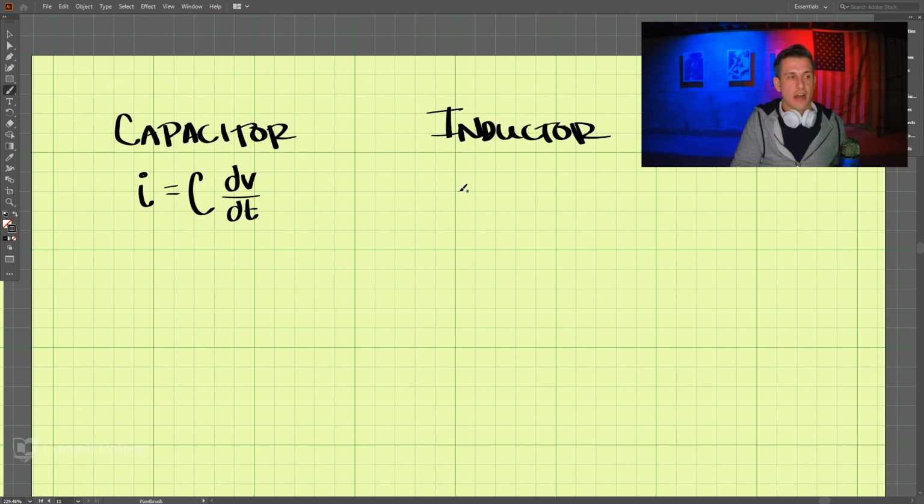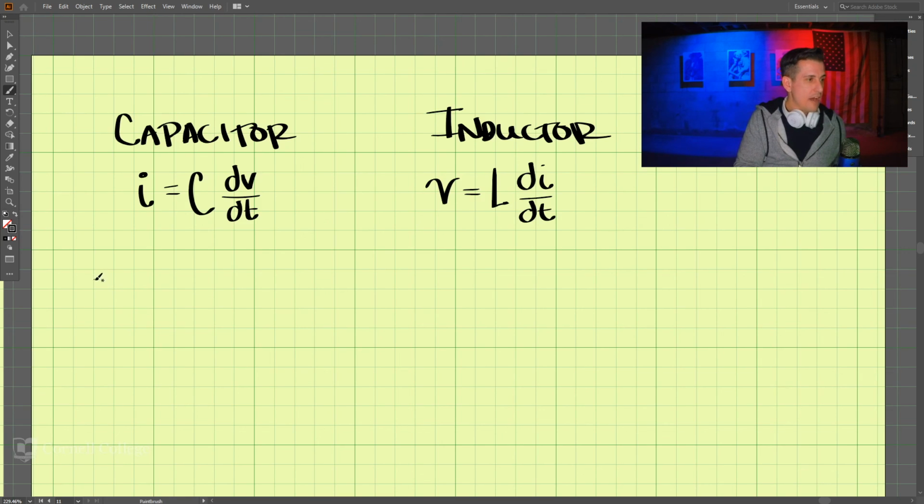Now for the inductor, it looks similar, except we have the voltage is equal to the inductance times di/dt. So you can see the difference between these two.